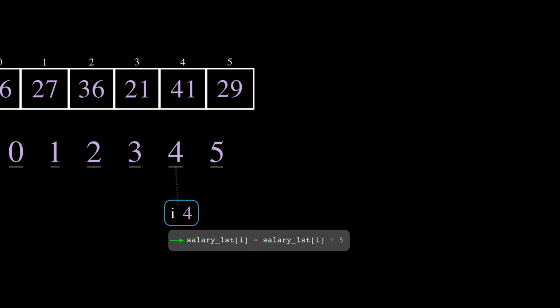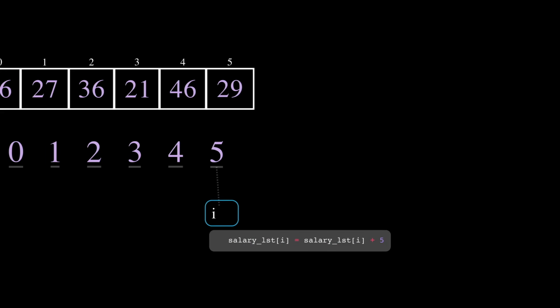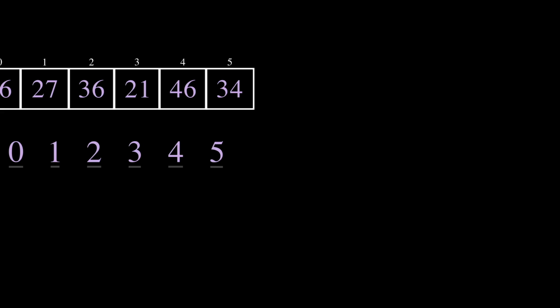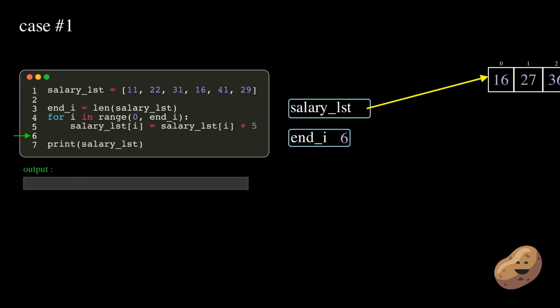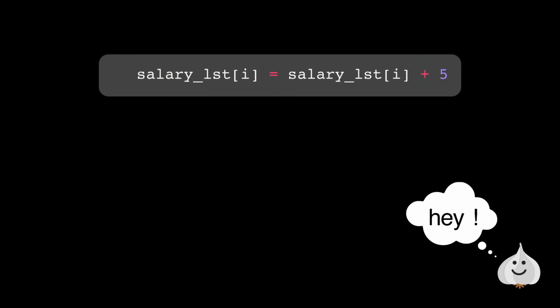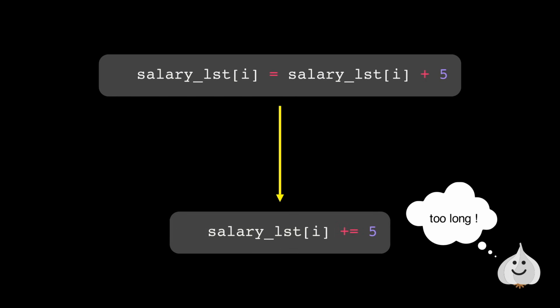Here, we clearly see the data inside the Python list has been changed. So the lesson is, if we want to modify the actual elements inside a list, we need to modify them through index. Therefore, we must loop over the range object. Hey, isn't it a bit verbose to write code like this? Yep, I should use the more compact syntax for updating a variable, writing += 5 instead.